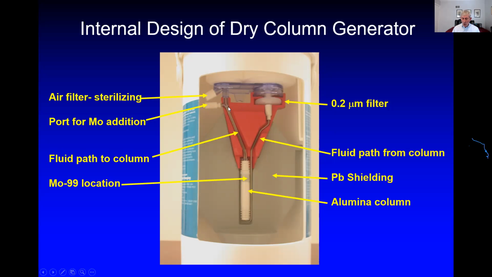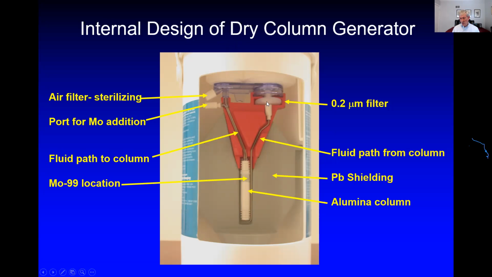These teeny little hollow tubes are the fluid paths. You can't see the top of this generator, but up here there are 2 needles sticking up. One needle is connected to this inner tube, and the other one is connected to the filter, so air can flow through the other needle into the vial, create a head pressure, and push the liquid down the column, and up the other side.